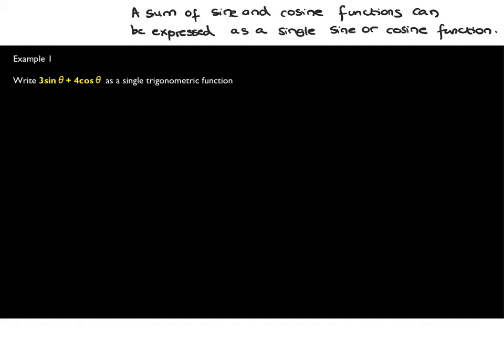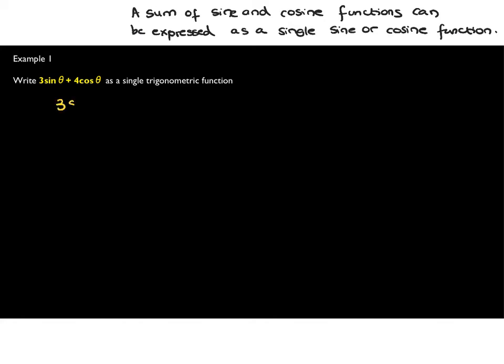Bearing this in mind, we're going to make the assumption that a sum of separate sine and cosine functions can be expressed as a single trigonometric function. But of course, we have to work out what sort of translation and what type of stretch has taken place. So here's what I'm going to do.